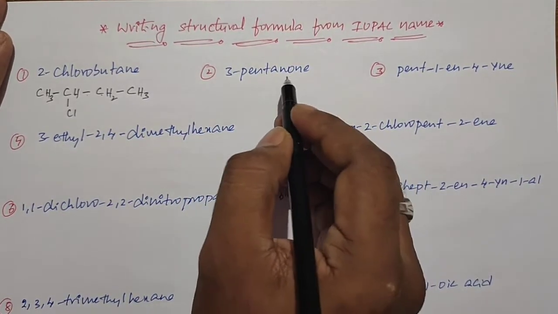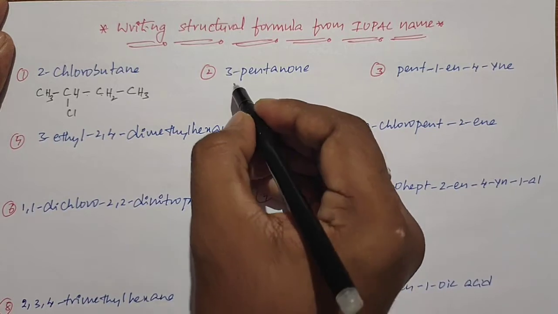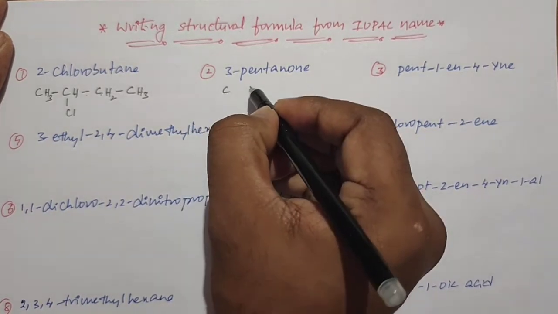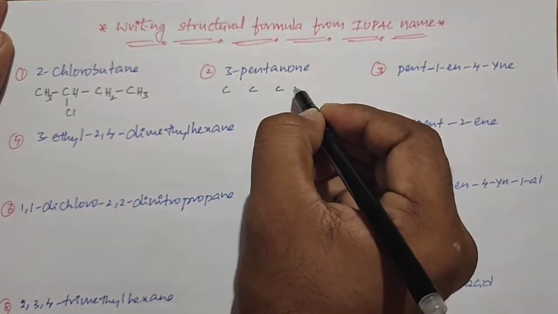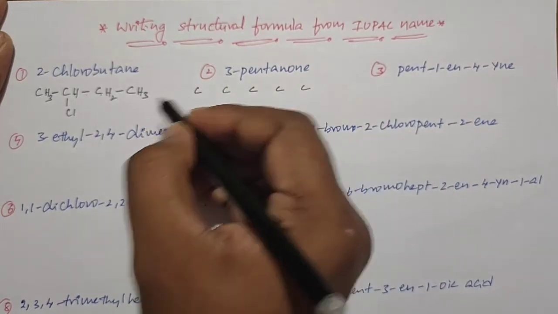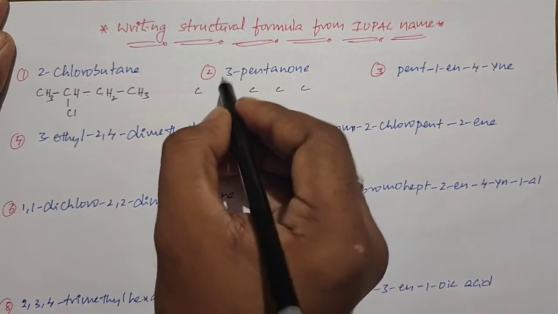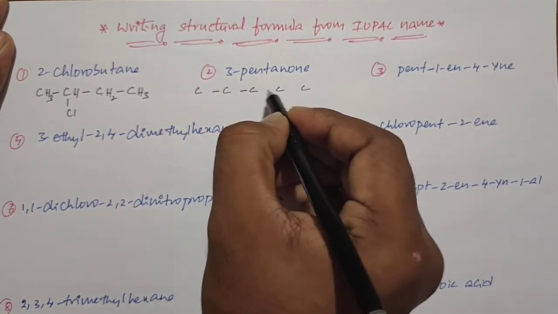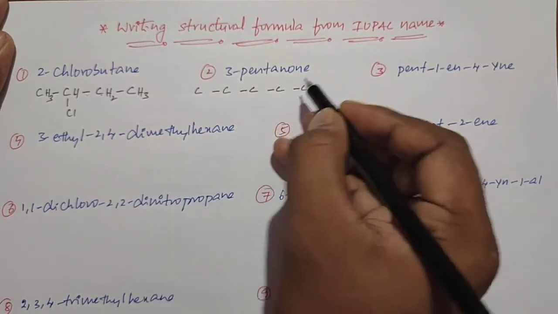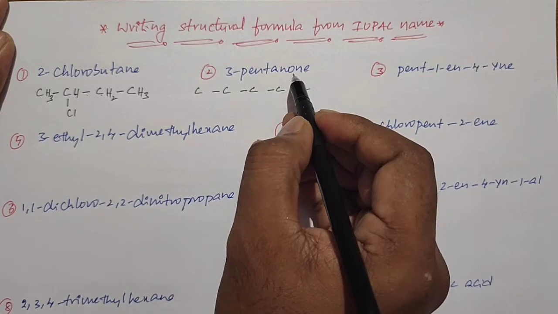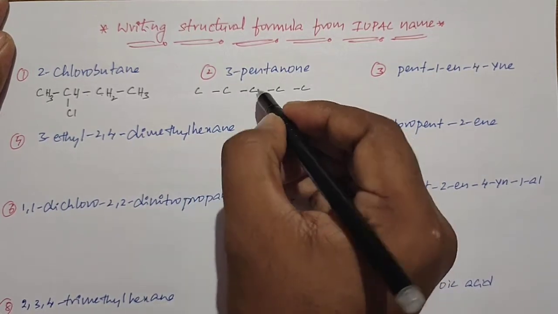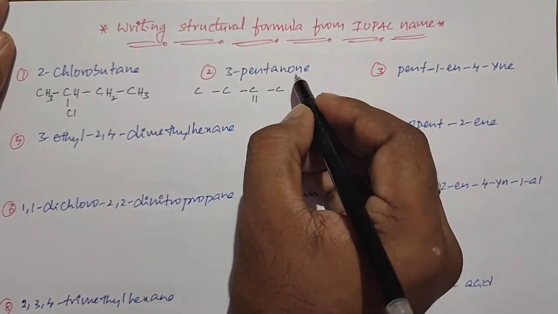3-pentanone. What is 3-pentanone? Here the root word is pent, so we take the 5 carbons. The primary suffix is ane, so all are single bonds. The secondary suffix is one, so 3-one, where one represents the keto group.